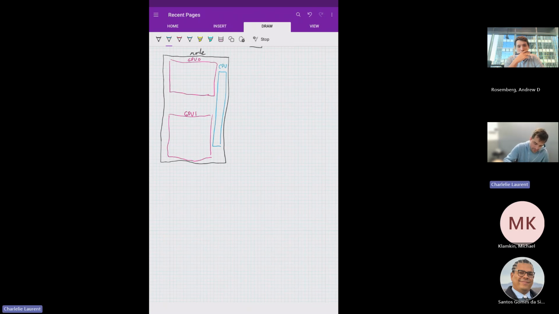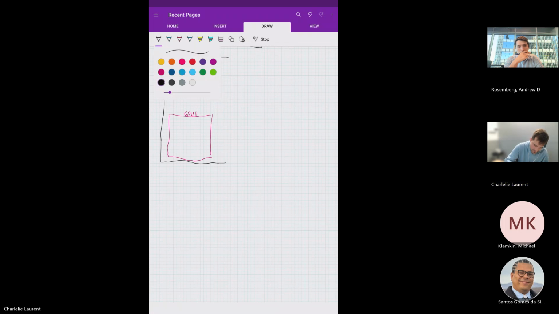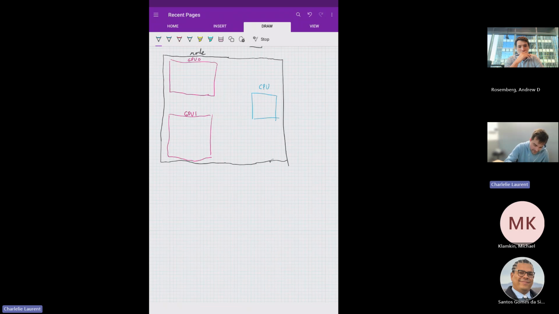Okay, I'm going to redo this. It's too small. I have room here. And I think most clusters have this now, but we're going to have some NVMes.